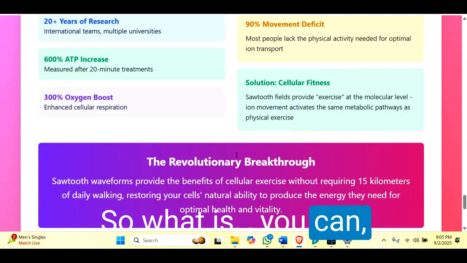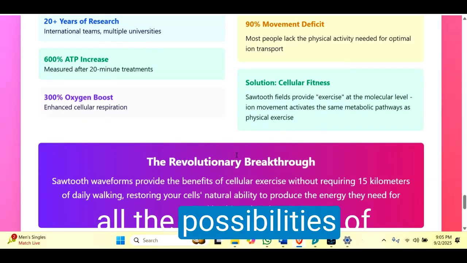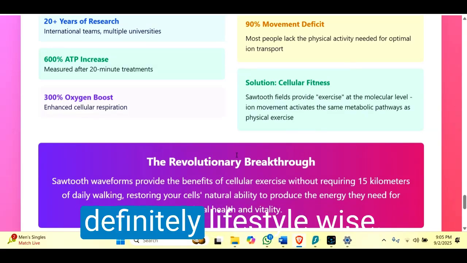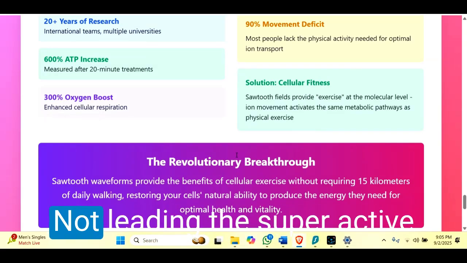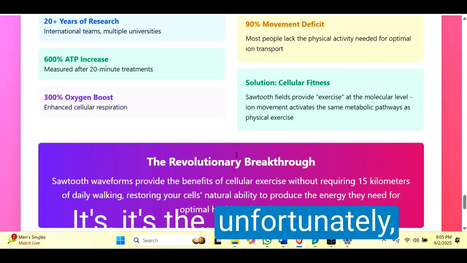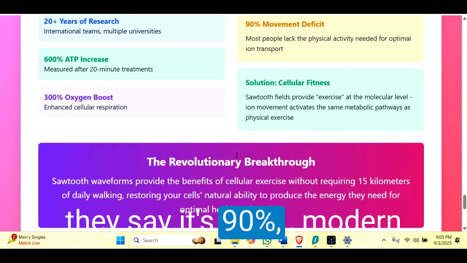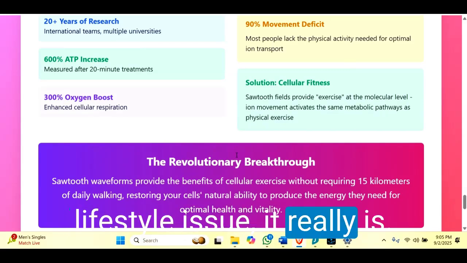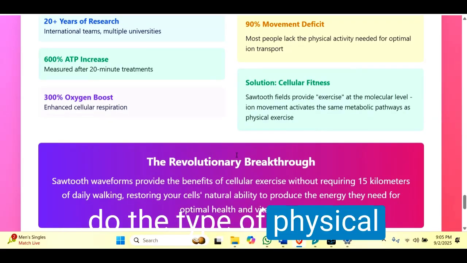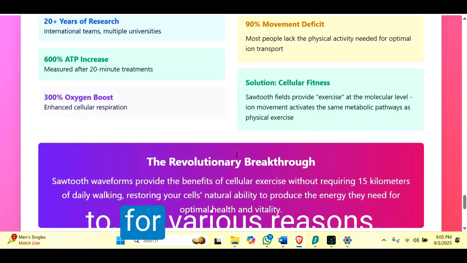So you can think about all the possibilities of what that means, right? For people that are definitely lifestyle-wise not leading the super active lifestyle like they should. Unfortunately, it's the vast majority. When they say it's 90% modern lifestyle issue, it really is. And then think about all the people that can't quite do the type of physical exercise they really need to for various reasons.